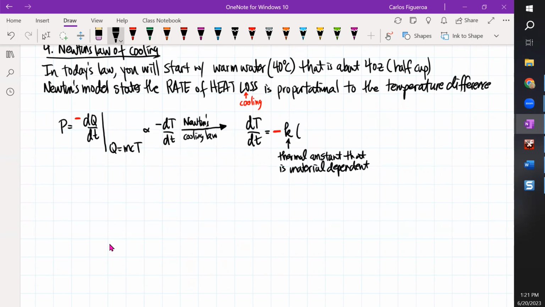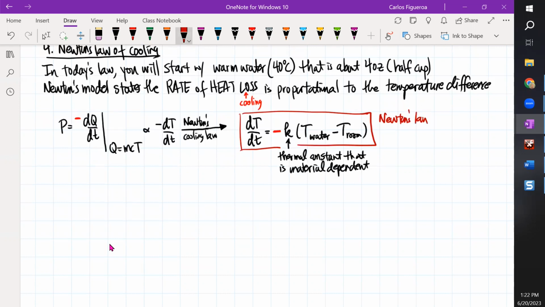But what Newton says is that it's the temperature of the water minus the temperature of the room. This is Newton's cooling law right here. Newton's law of cooling. And that's what we want to look at.